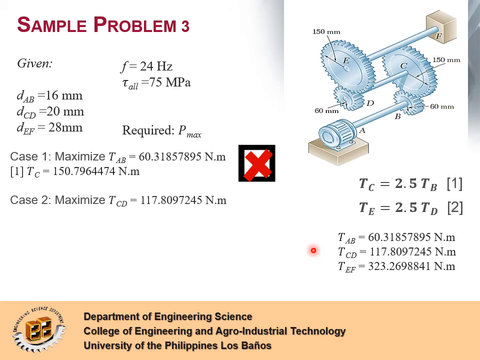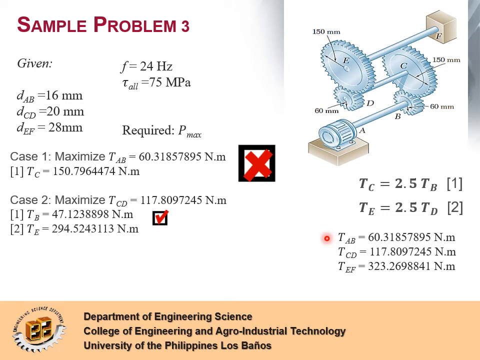Going to case 2. Maximizing the torque at shaft CD, which is also the torque at gear C, T sub B is equal to 47.1238898 Newton meter using equation 1. This has a check mark because it is below the allowable torque of shaft AB, which is equal to 60 Newton meter.